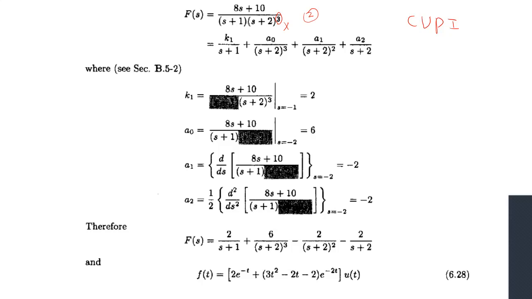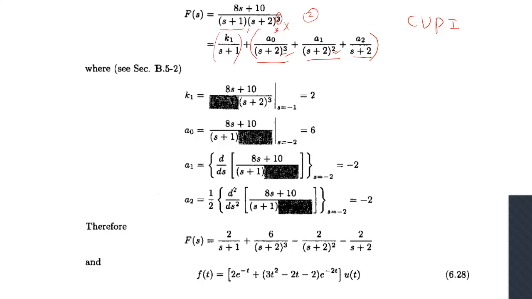If you have one pole with multiplicity 1 and another pole with multiplicity 3, then for multiplicity 1 you have one term, and for multiplicity 3 you have three terms of different orders, while everything on the numerator is a constant.